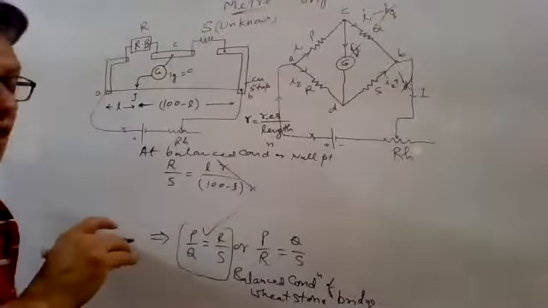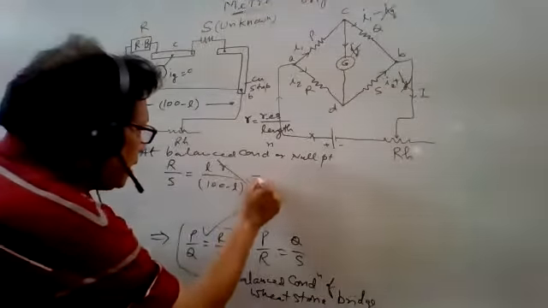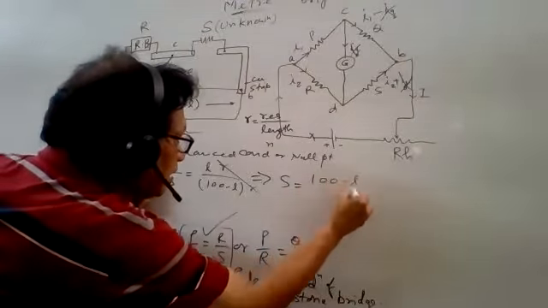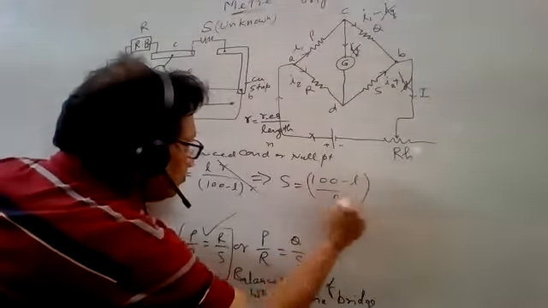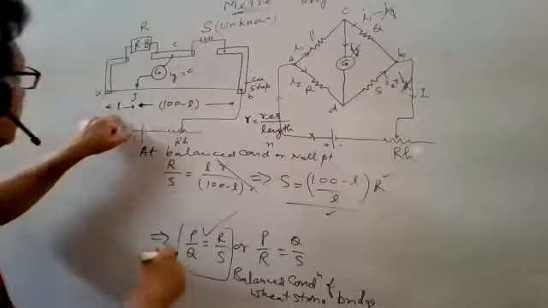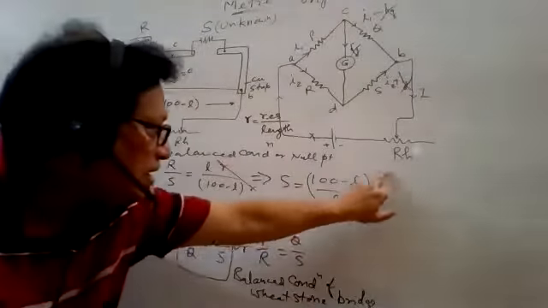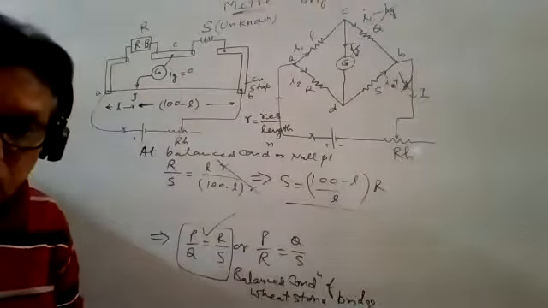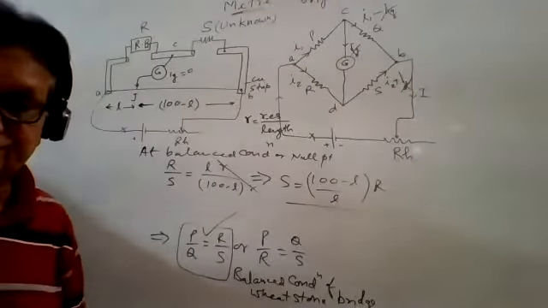If you cancel out r, you get S equal to, after cross multiplication, (100 minus L) upon L into R. Here you know R, you know the length L from the left hand side. It means if you know L and R, you can easily find the unknown resistance S.